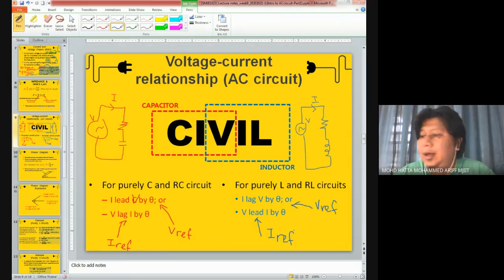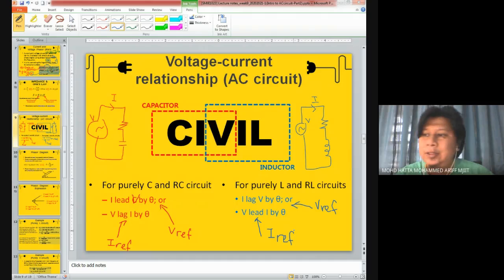So there are two ways to write down the statement of the voltage and current relationship, whether by adopting V as your reference or current as your reference. However, you need to really pay attention and carefully analyze the characteristic of the circuit itself.